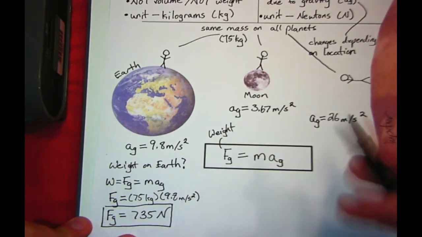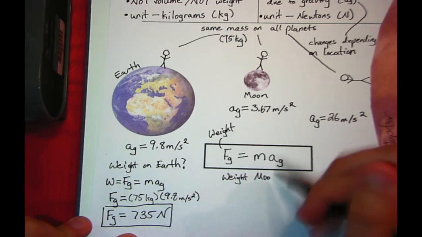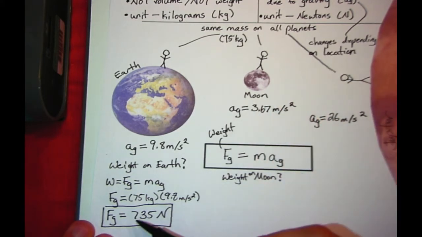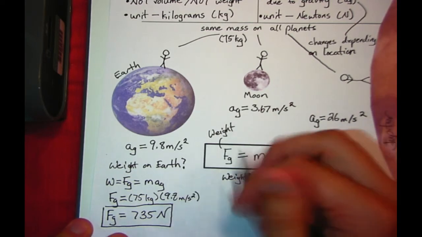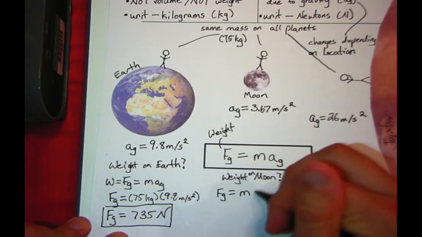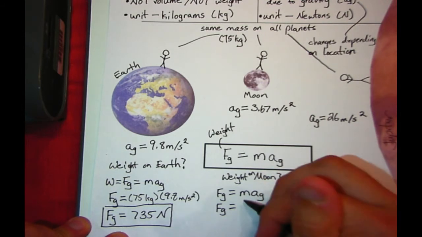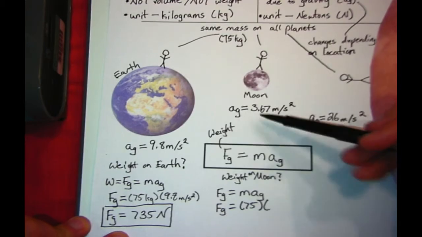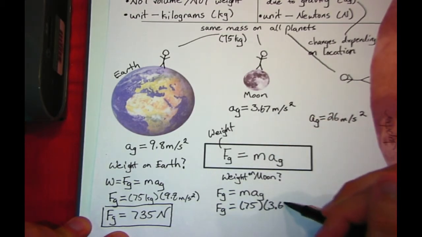So let's go through another example of finding our person's weight on the Moon. Even before doing this problem, we could expect that this person's weight is going to be less than 735 newtons because the Moon's going to be pulling on this person less. So our weight, or our force of gravity, is going to be equal to our mass times acceleration due to gravity. The person's mass, remember, the amount of stuff in that person, does not change. It's going to be 75 kilograms. And our acceleration due to gravity on the Moon is 3.67.